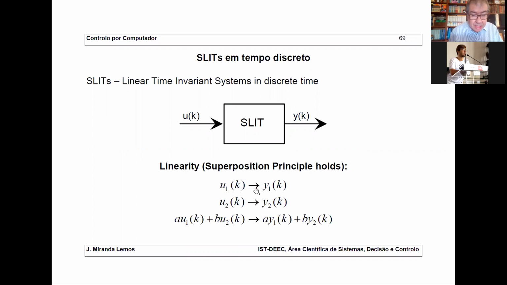The system is linear if, when you apply a linear combination of both inputs u1 and u2, you get a linear combination with the same coefficients of the responses to u1 and u2, so y1 and y2. Okay, that's the definition of linearity. Remember that the system can be linear without being time invariant. It can be time invariant without being linear.